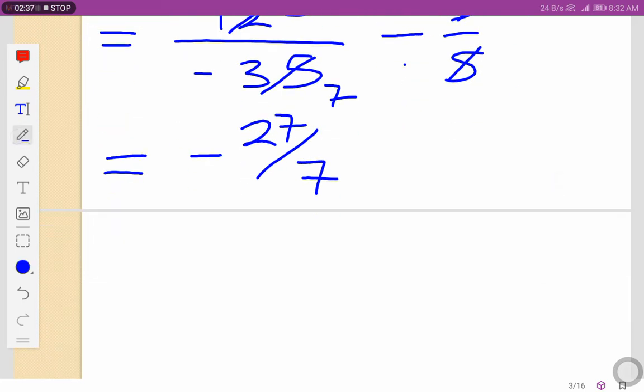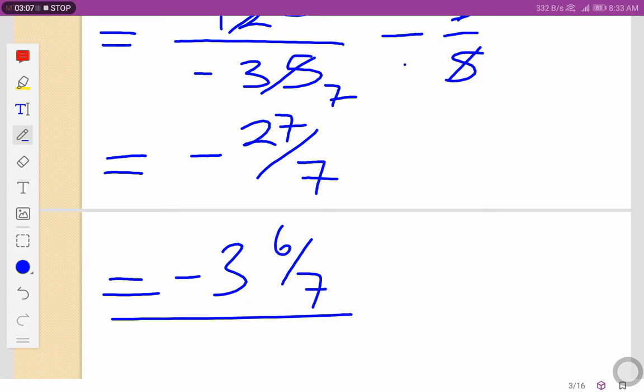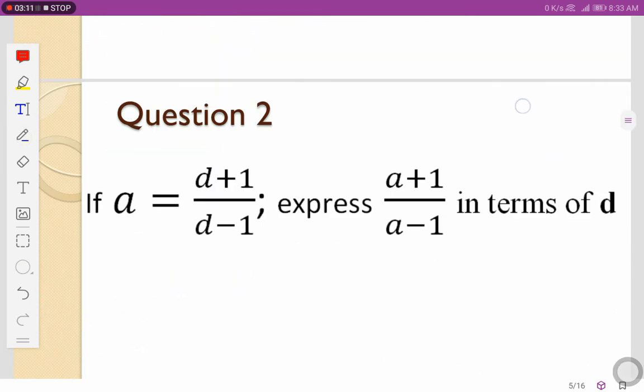I can have it as minus 4 and 3 over 7, sorry, 7 can go into 21 and will remain with 6 here. So it's 4 and 6 over 7. This is the answer that we have, or else you can write it as a decimal if you want. Okay, let's have another example.